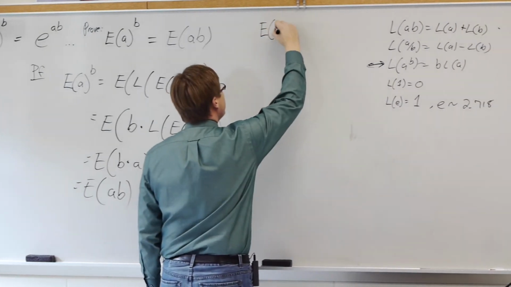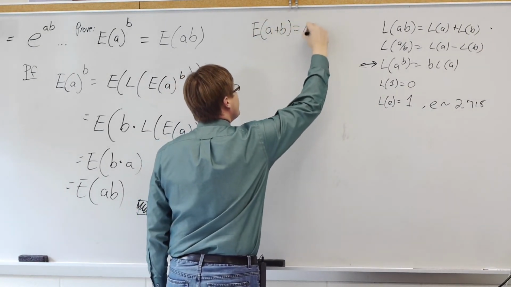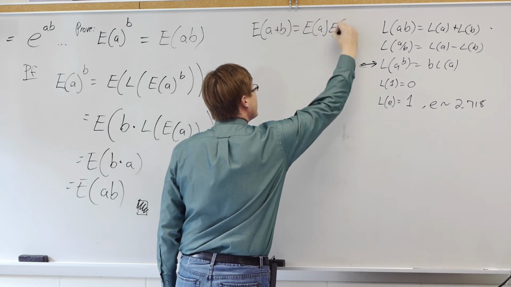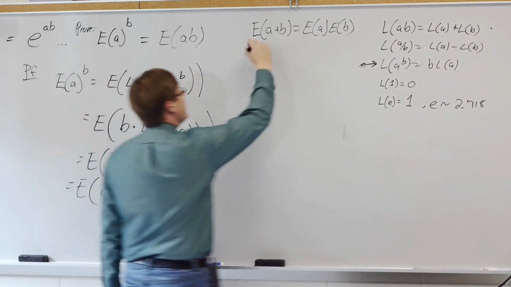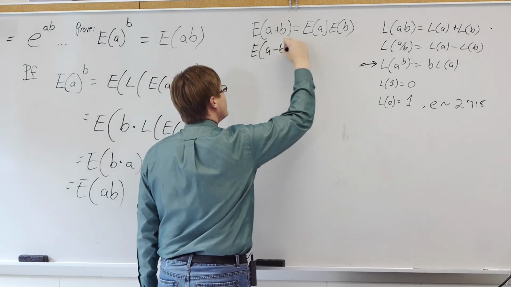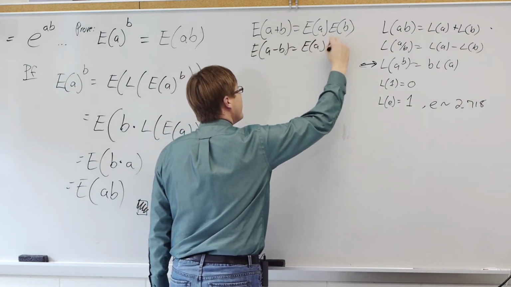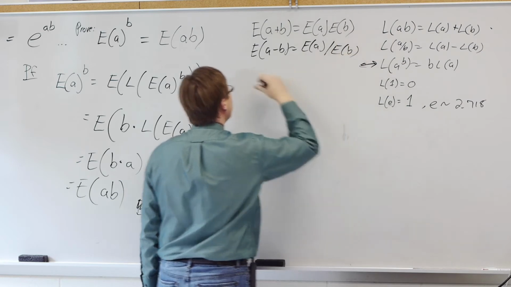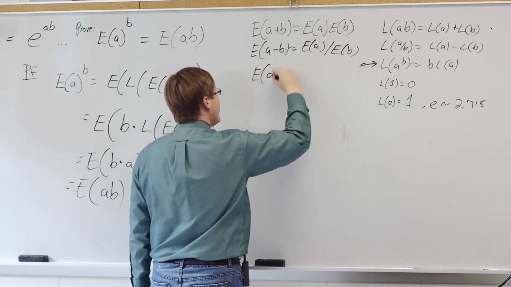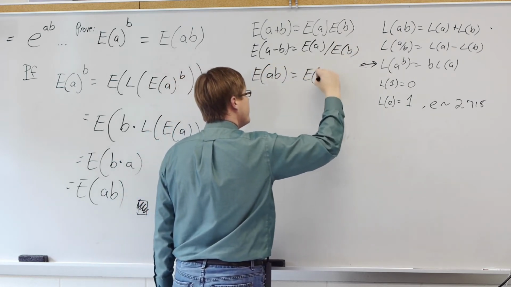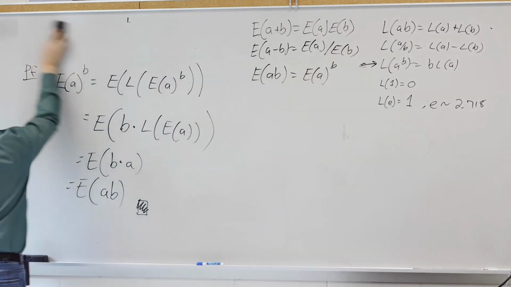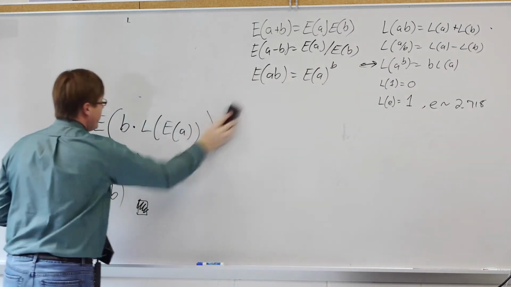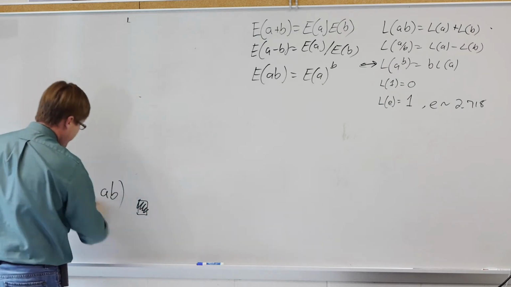I know that E of a plus b is E of a times E of b. That's the first one I proved. And then E of a minus b is E of a divided by E of b. And then E of a times b is E of a to the b power. And all those are properties that are shared by exponential functions.